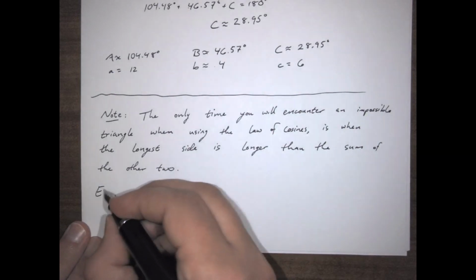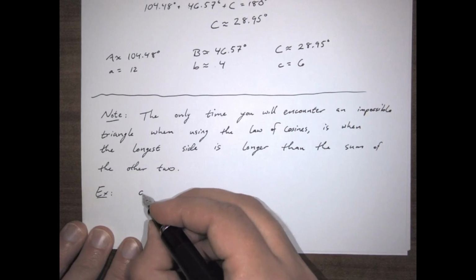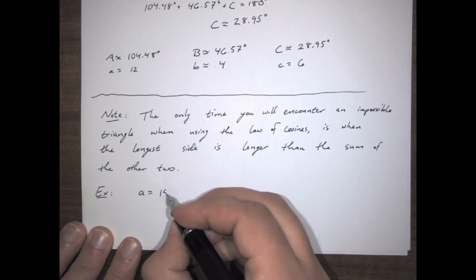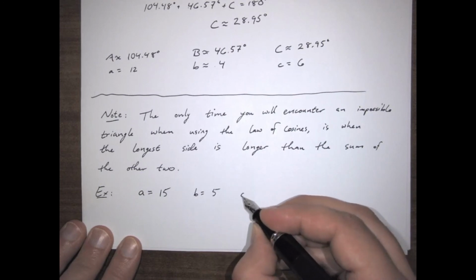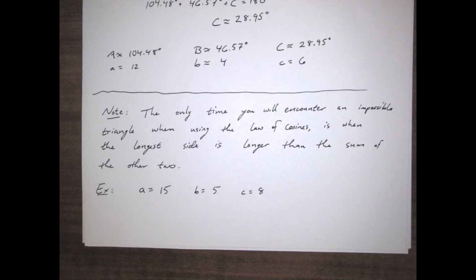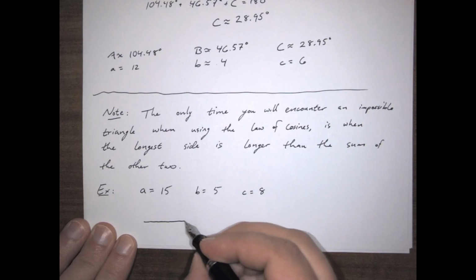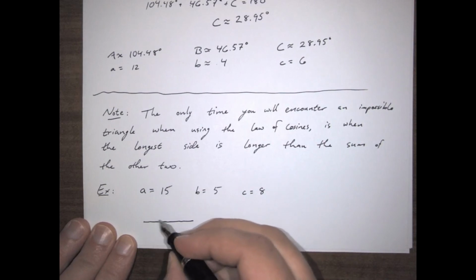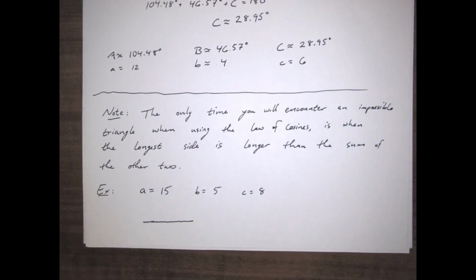And what that means is, essentially, your triangle doesn't fit together. So if I told you that A equals 15, little b equals 5, little c equals 8, this would be an impossible triangle. Try to draw it. You have a 15 side and an 8 side and a 5 side, and there's no way to draw those so that they would join up. They wouldn't link up.